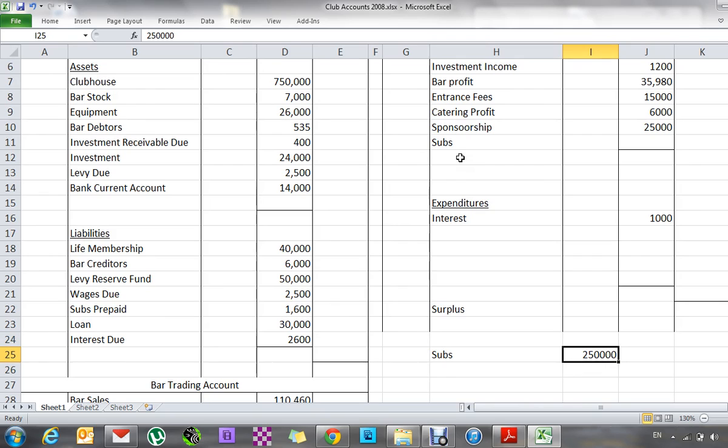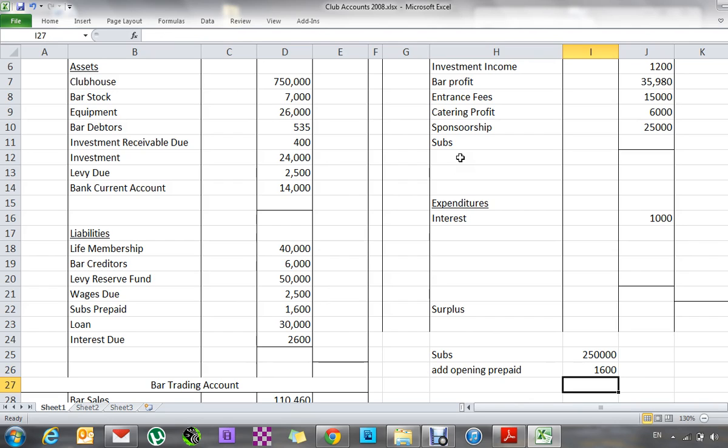Were there any subs that were relevant from last year? And it says subs paid in advance 1,600. So that was paid last year for this year. So it's subs for this year, so we have to add it on. So we add our prepaid, or opening prepaid, I'll call it. And that is 1,600.